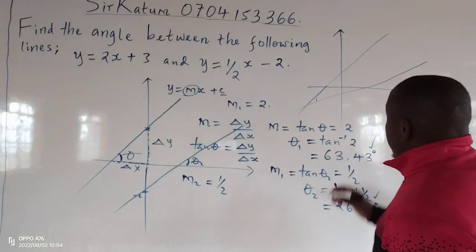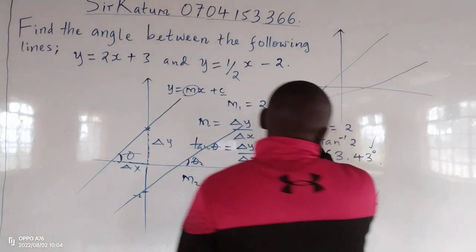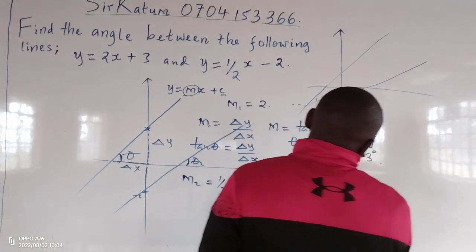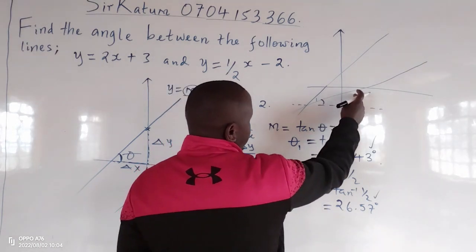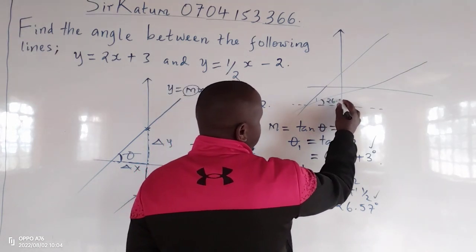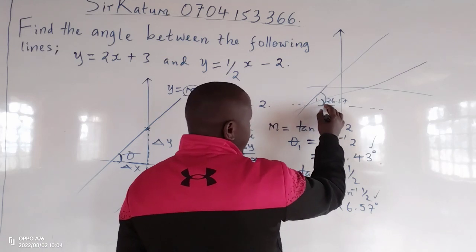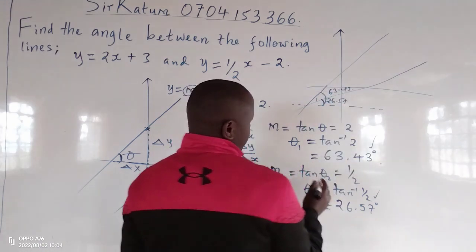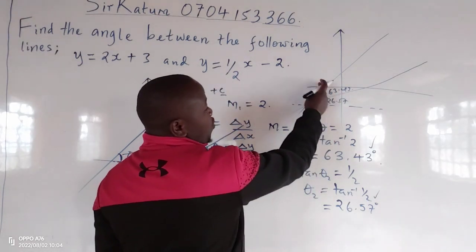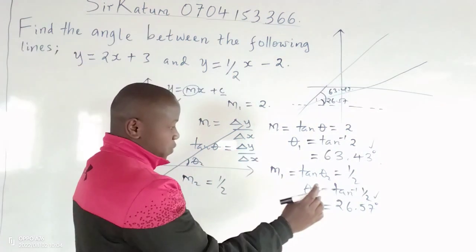If we take one line as our x-axis by translation, the angle between the two lines is the difference between these two angles.